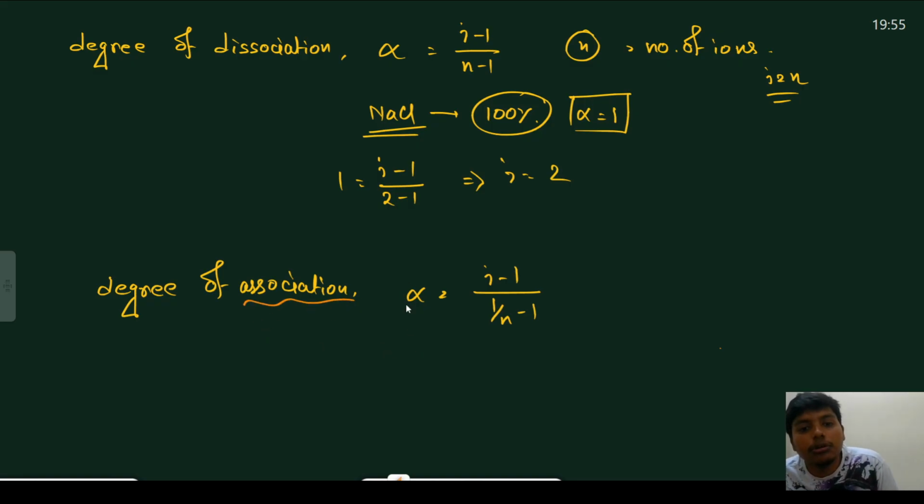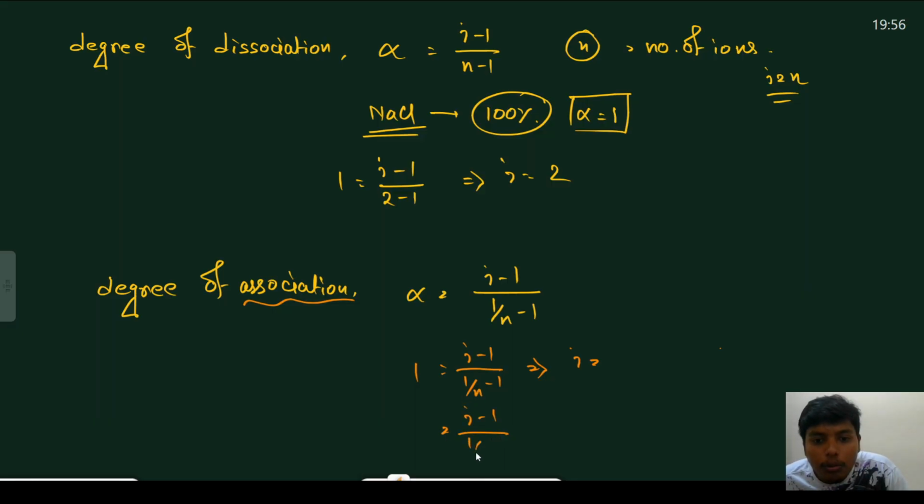For that case also, let's suppose the association is 1. So 1 equals (i minus 1) by (1 by n minus 1). Tell me what is the value of i? For association, what will it become? n is 2, so i minus 1 by (1 by 2 minus 1). Yes or no?